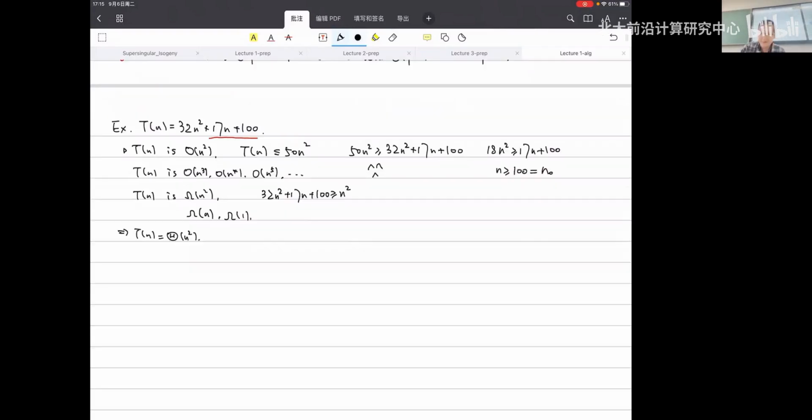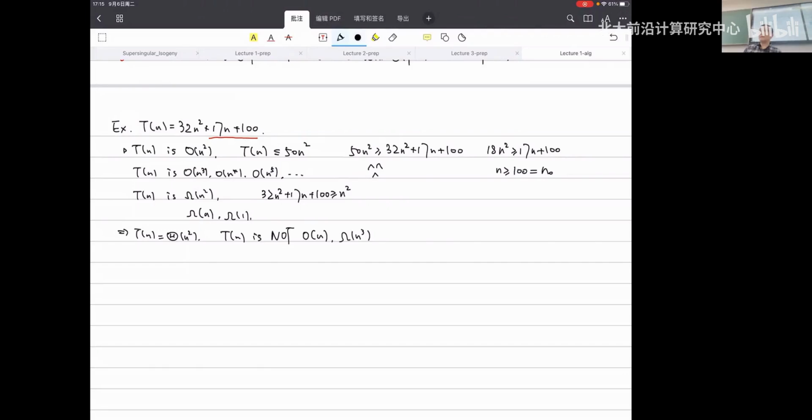And we want to emphasize, we give you some wrong instances to make sure you don't get confused. Of course, T(n) is not omega of n, because you have 32n squared here, which is much larger than n.